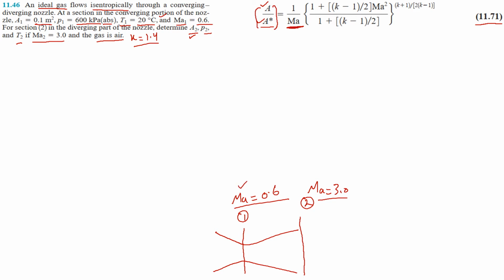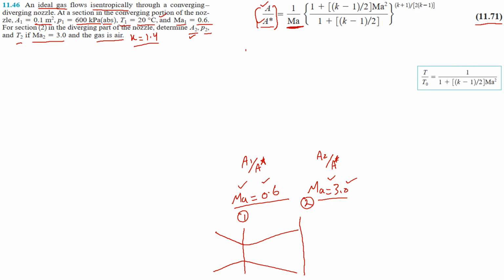So what we will get is A1 over A star by reading the values from the graph for this Mach number, and A2 over A star by reading the values from the graph for this Mach number. So let's do that first.